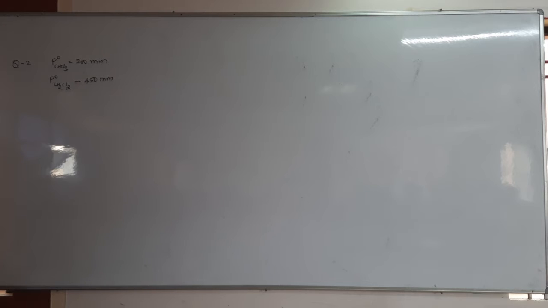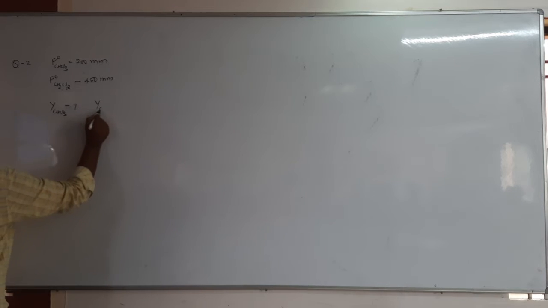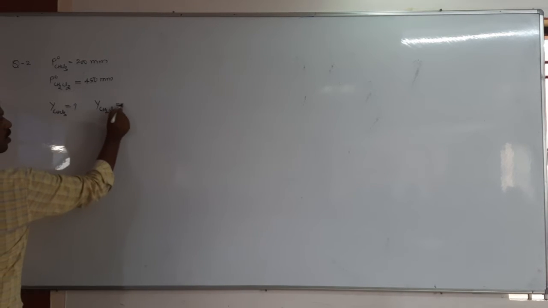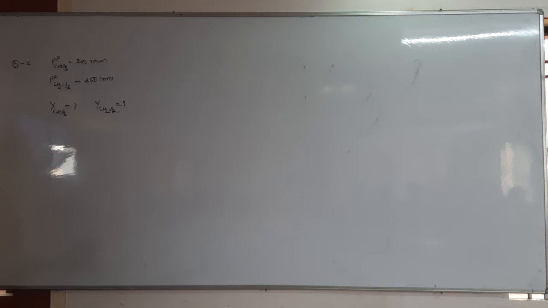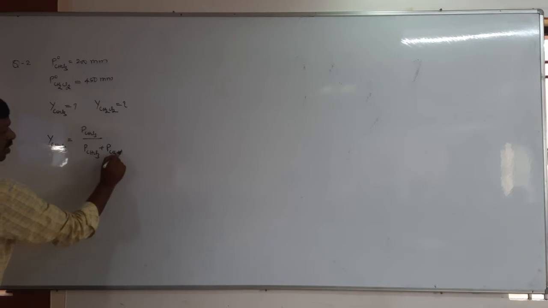Then what you have to calculate? Mole fraction in vapor phase. So we need to calculate Y chloroform and Y dichloromethane. How do you calculate Y chloroform? Y chloroform is equal to P chloroform divided by P chloroform plus P dichloromethane.